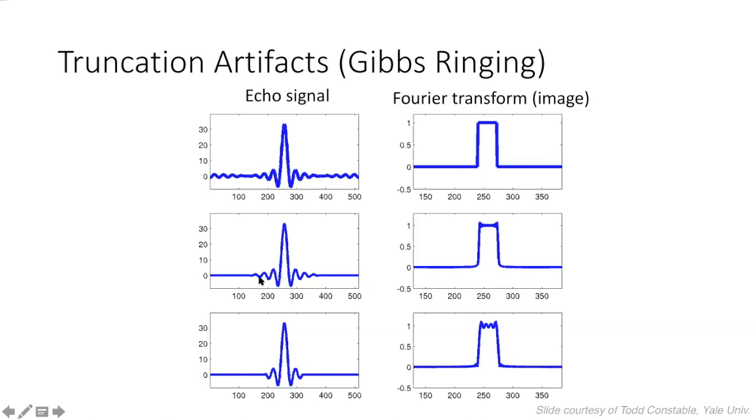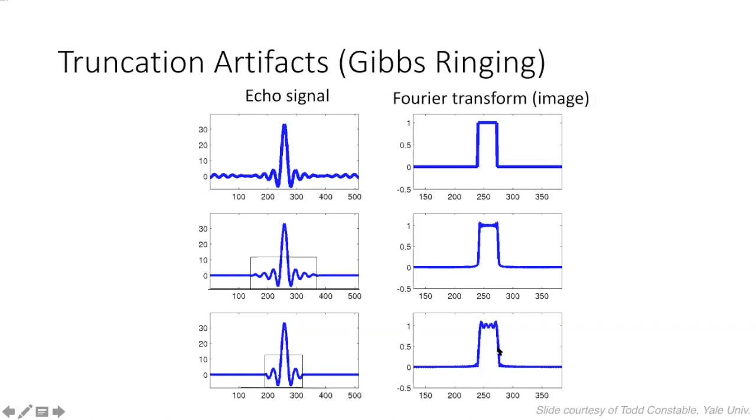But when you start truncating your signal and you perform the Fourier transform, that's the same thing as, if you remember the convolution theorem I showed earlier, convolving the Fourier transform of this sinc, which is a rect, with the Fourier transform of a rect, which is a sinc. And so you start getting these ripples in your image domain here. And as you keep truncating it, you get more and more ripples.